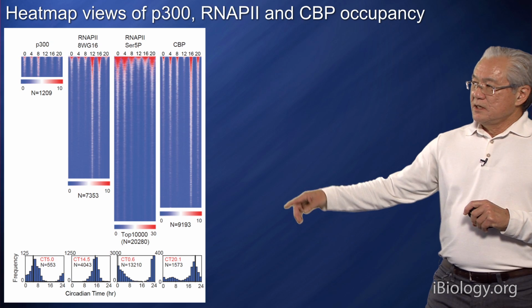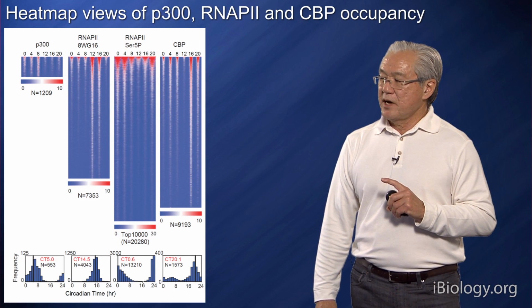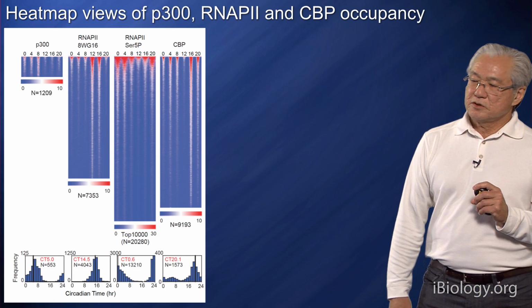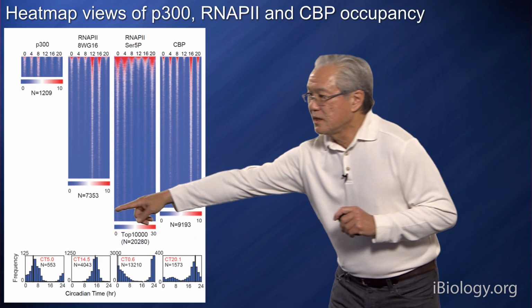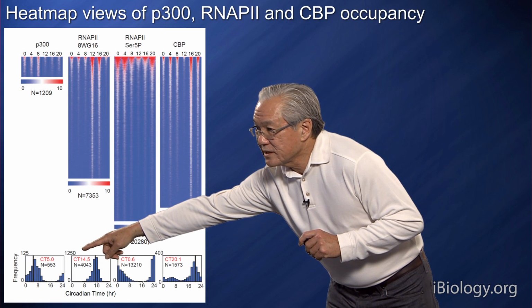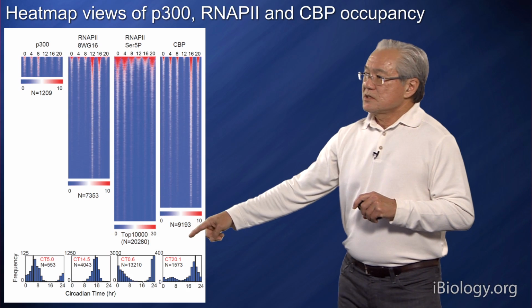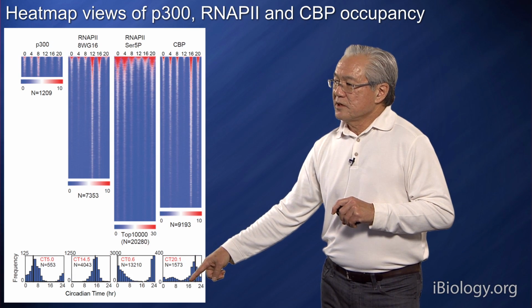Now to look at the coactivators P300 CBP, these show you some heat map representations of those. P300 is recruited by clock, and we see that P300 occupancy is actually high in the morning, CT6 or 5. CBP, on the other hand, has a very unusual pattern.